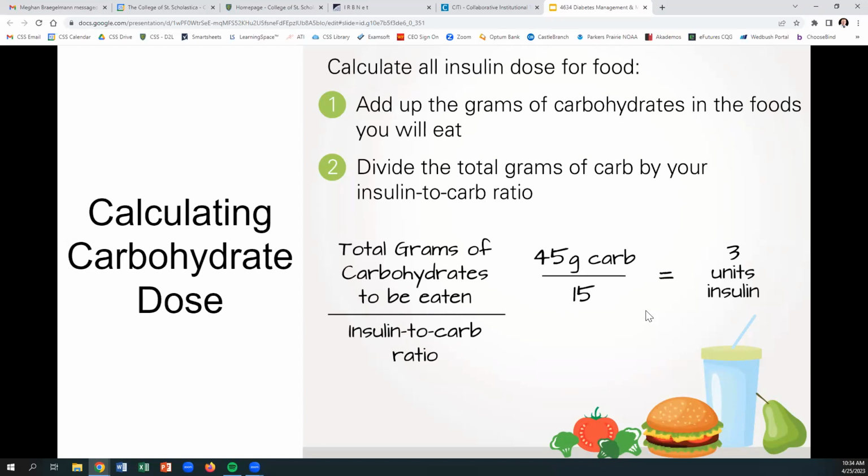We would round up to 4, to the nearest whole unit. But remember, we're dealing with insulin. We cannot round up. We want to keep our patients a little bit sweeter. So we're going to round down to the nearest whole unit. So this is still going to be 3 units of insulin. Okay, 3 units of insulin.